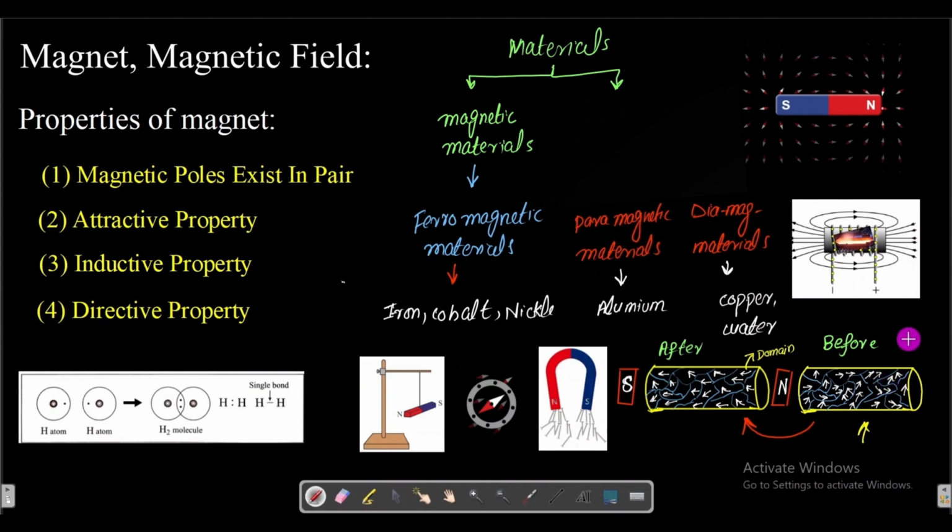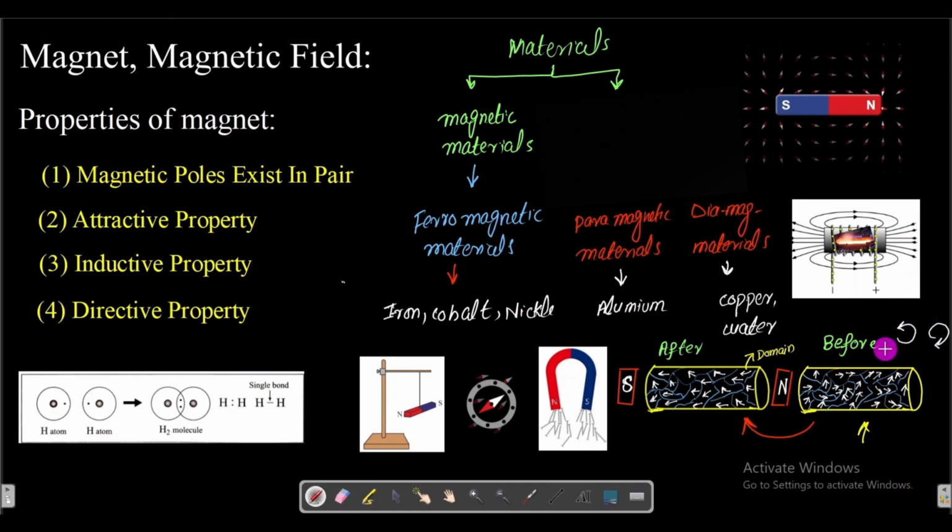So it means that inside the orbital we have two electrons, and they are present in opposite spin. That means when one electron is moving in the anti-clockwise direction, the other will be in the clockwise direction.